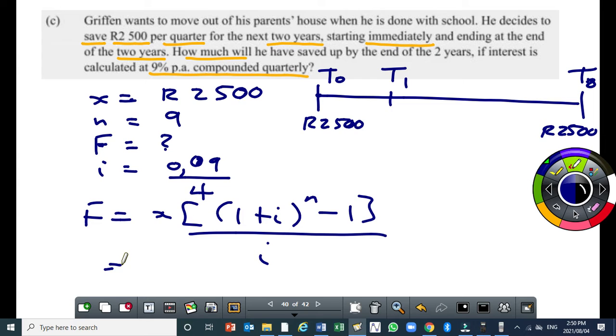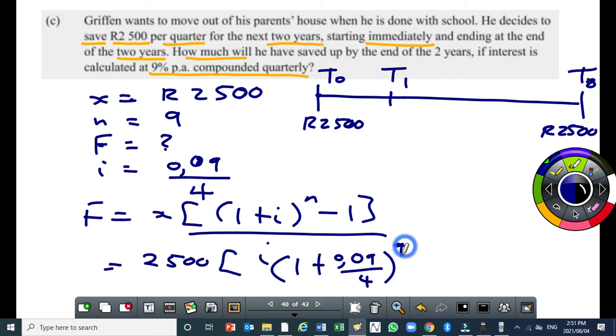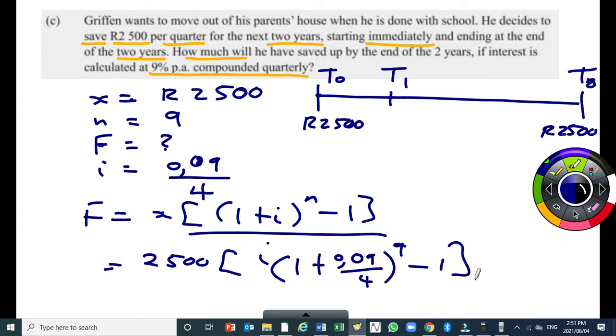My x is 2,500 times my i is 0.09 over 4, all raised to the power of 9. Then you subtract 1, you close the bracket, then we divide that answer by 0.09 over 4. Then you need to determine the final answer.